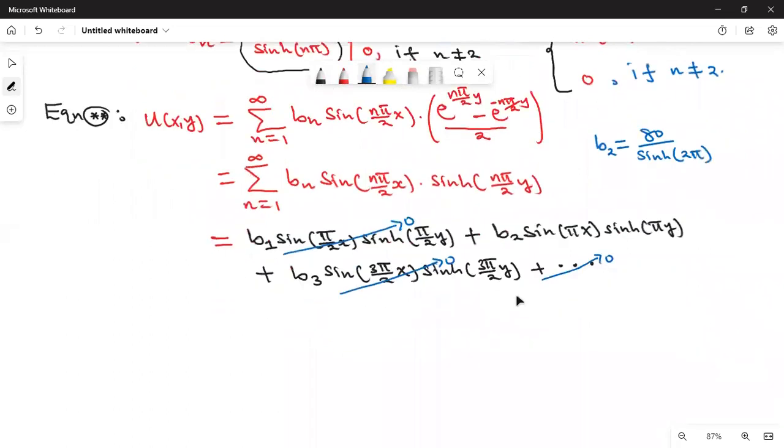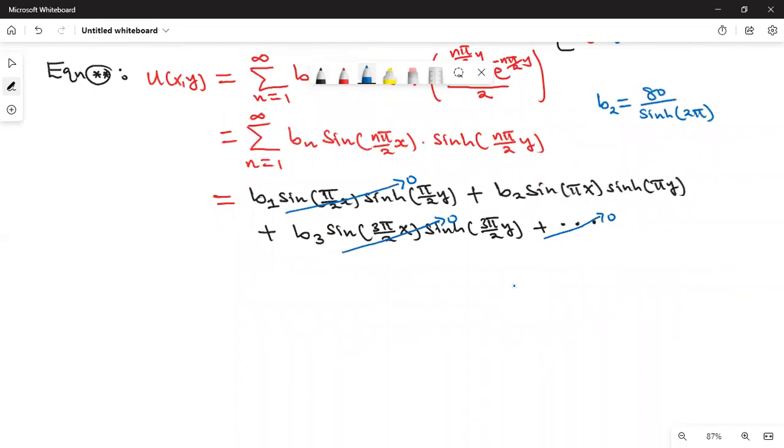So what we'll have finally, it will now reduce to 80 over sine hyperbolic of 2 pi, that's b2, times sine pi x times sine hyperbolic of pi y.